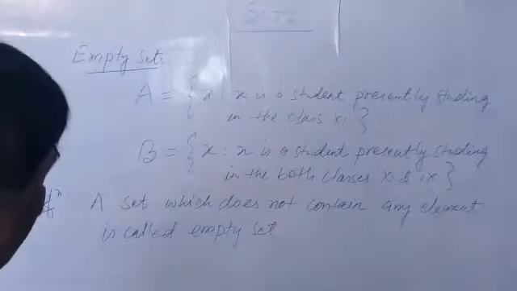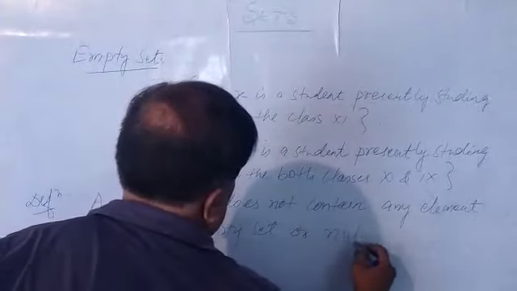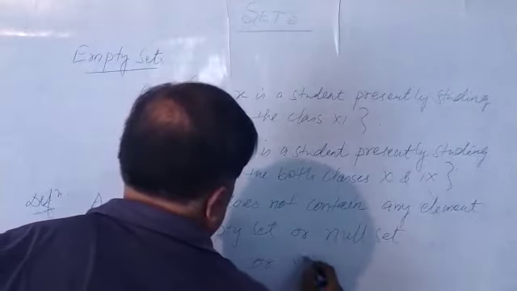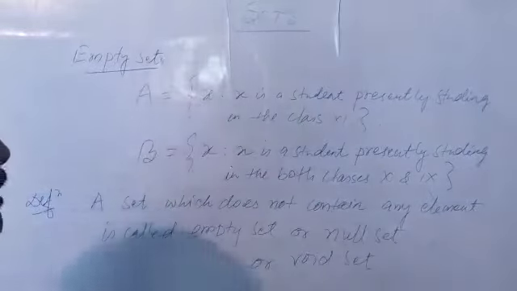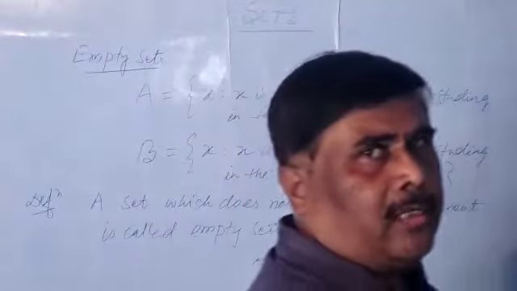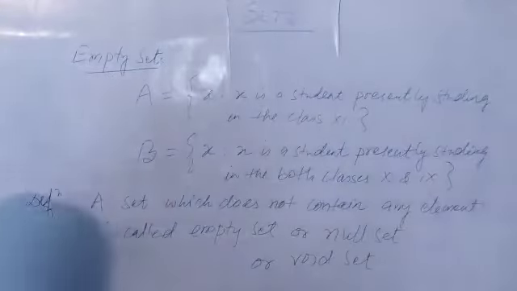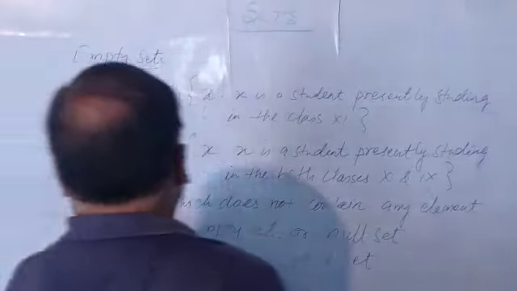An empty set is also known as a null set or void set. Empty set, null set, void set, all are synonymous words. Okay, so we can give other examples of empty set like this.